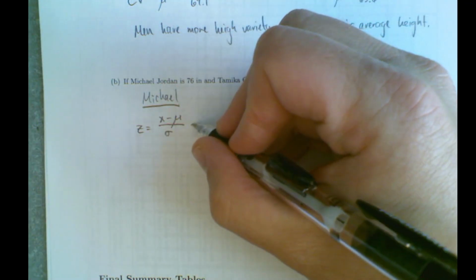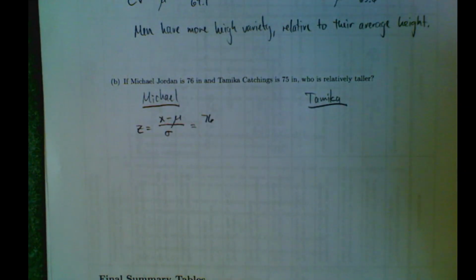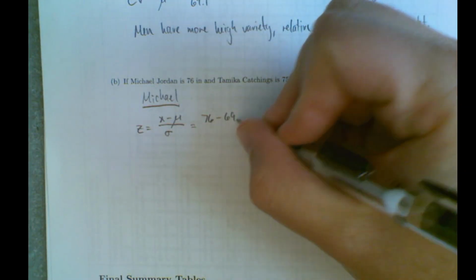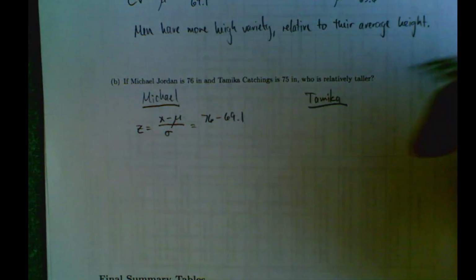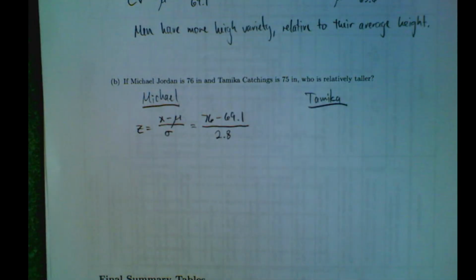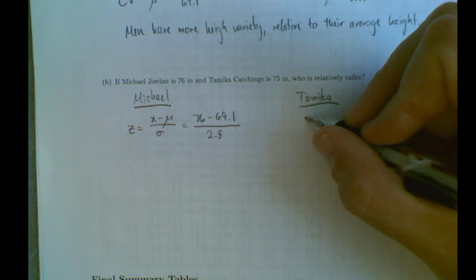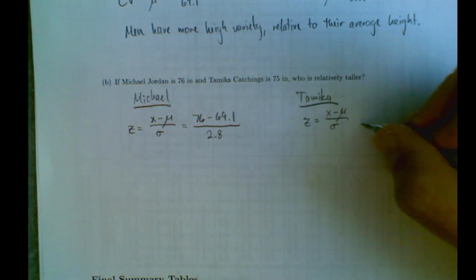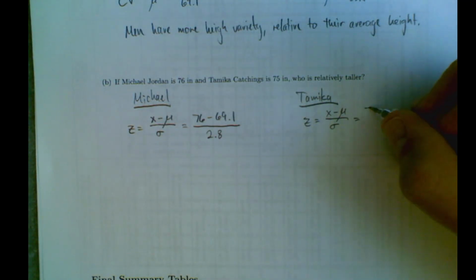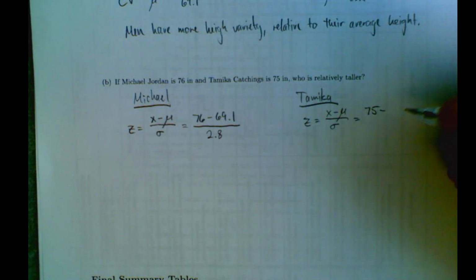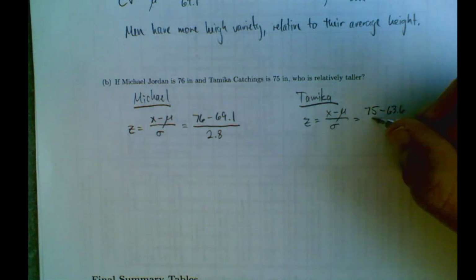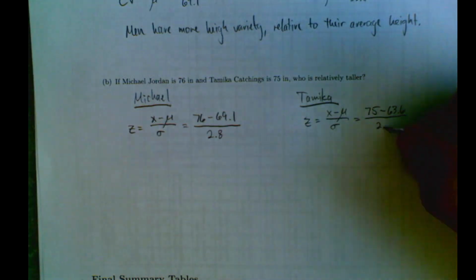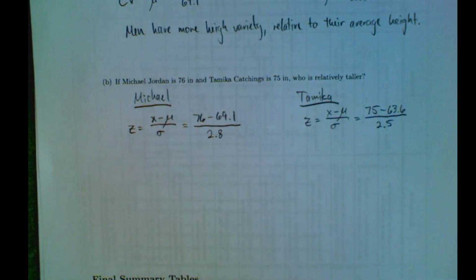In the case of Michael Jordan, this is going to be 76, because he's 76 inches tall, minus 69.1, because the mean height for men is 69.1 inches, and then divided by 2.8, because the standard deviation height for men is 2.8. And we'll do something similar for Tamika Catchings. The z-score is x minus mu over sigma. For Tamika Catchings, she's 75 inches tall, minus the average height for women, 63.6 inches. And then we'll divide by the standard deviation for women, which is 2.5.